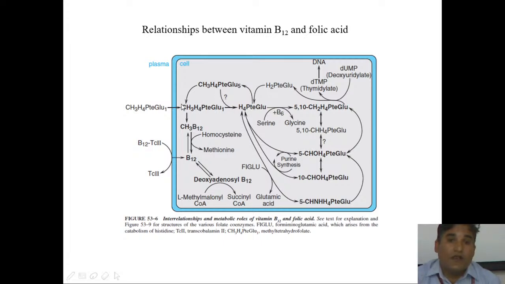This folic acid plays a very important role along with vitamin B12 in purine synthesis. Purine is the basic component of DNA, and here vitamin B12 is responsible for the formation of succinyl coenzyme A and also glutamic acid.